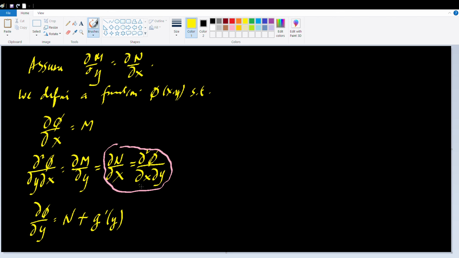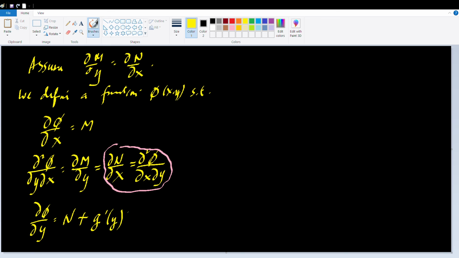The inverse process of that is partial differentiation. The partial differentiation with respect to x makes a pure function of y equal to 0. So, taking the partial integral gives us the function N plus a pure function of y.